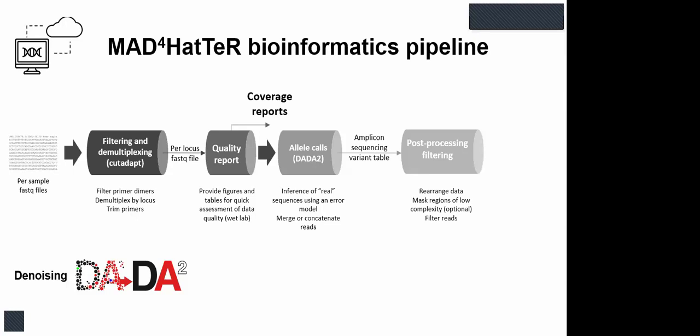We call it post-processing filtering. After which, the pipeline creates what we call an ASV table, which contains the different microhaplotype data, which can now be used for downstream analysis.